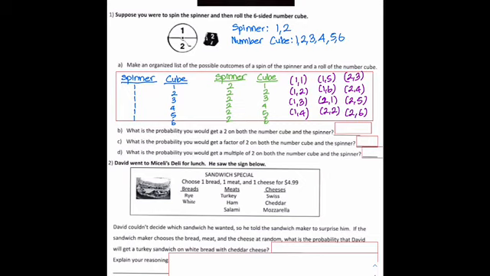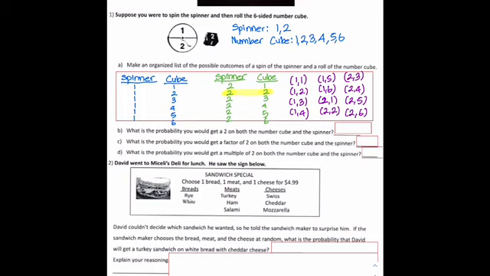Okay, so let's look at letter B now. What is the probability you would get a 2 on both the number cube and the spinner? Let me use a highlighter here. If I look at my table, I see where 2 for the spinner is, and for the cube, 2 is right here.